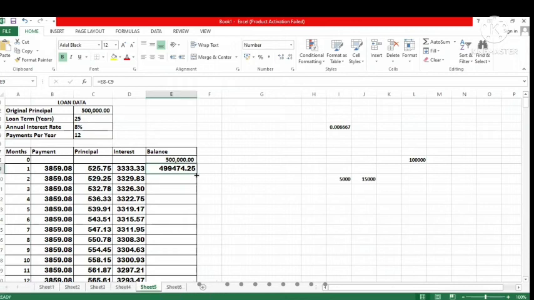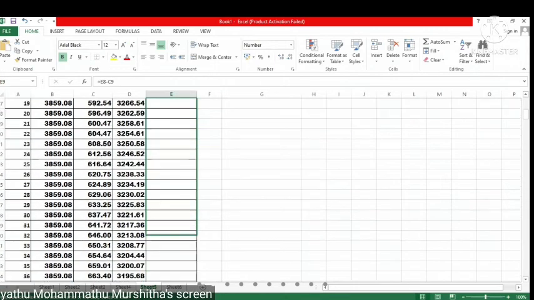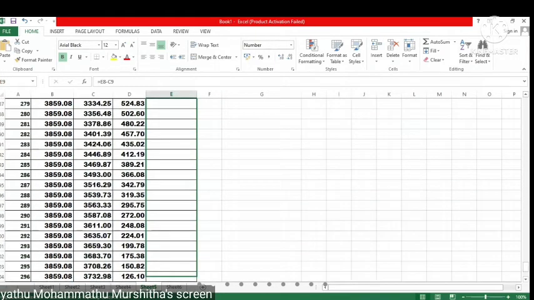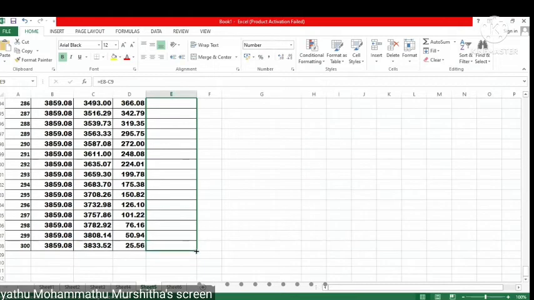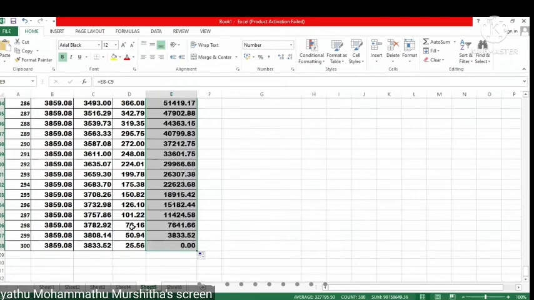So here I have to minus only the principal. Now if I just write this, at the end of this 300 period, that means this 300th month, the loan amount will become 0.